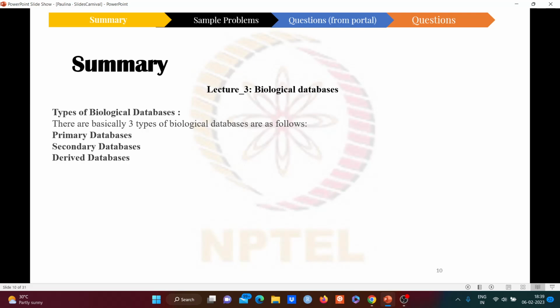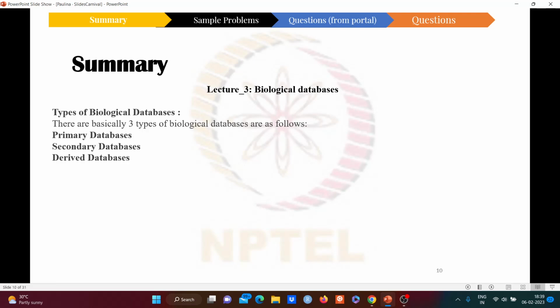Secondary databases. The data stored in these types of secondary databases are analyzed results of a primary database. So when you curate or analyze the result of a primary database, those kinds of data are stored in a secondary database. Computational algorithms are applied to the primary database, and meaningful and informative information is stored inside the secondary database.